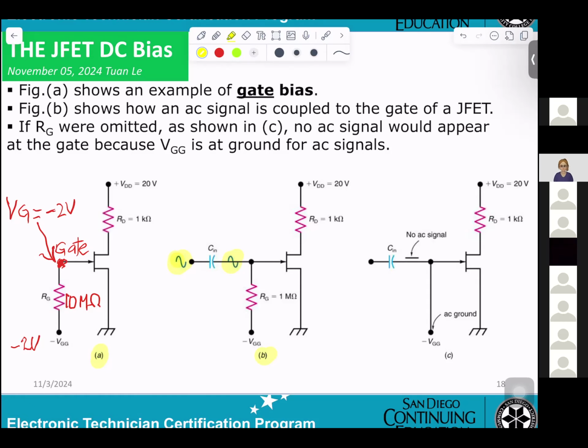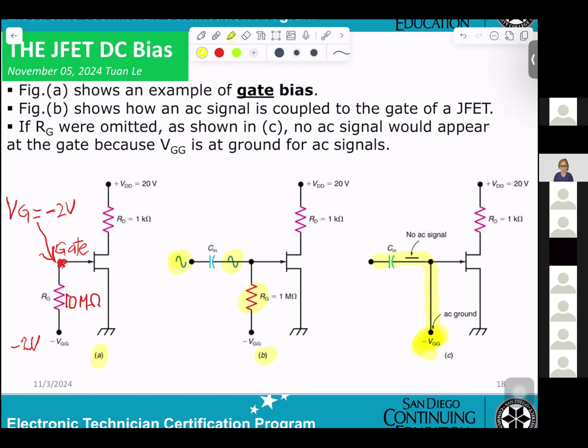Okay, now, when you work on AC, all of the DC power must be grounded. You see, they grounded it here. If they grounded it here and you don't have a resistor here, the AC signal will go to the ground. Cannot do it. That proves why we need that resistor.